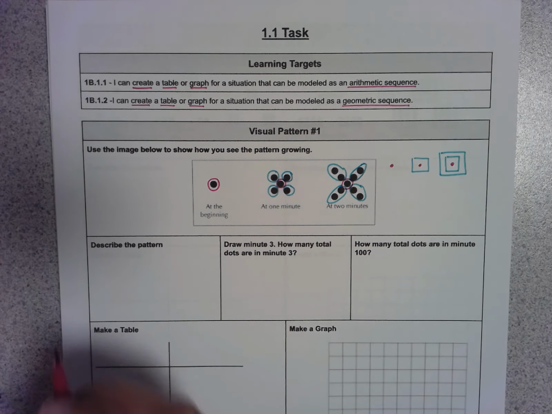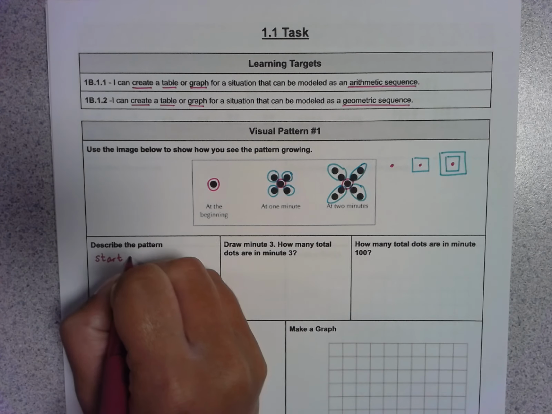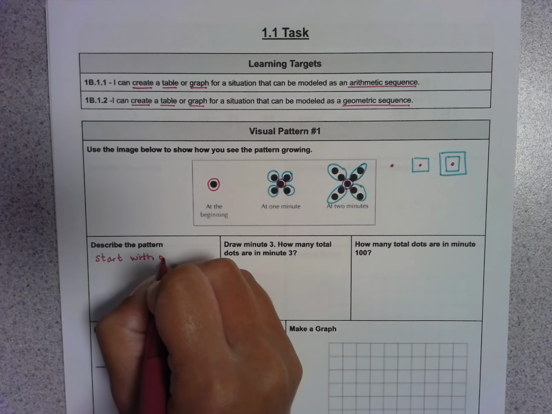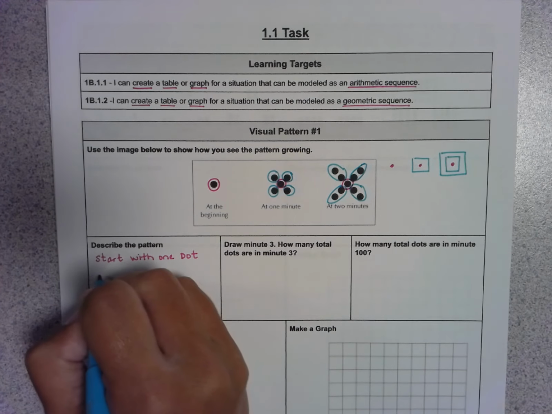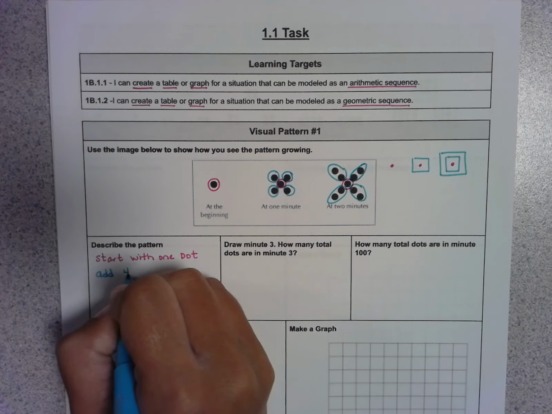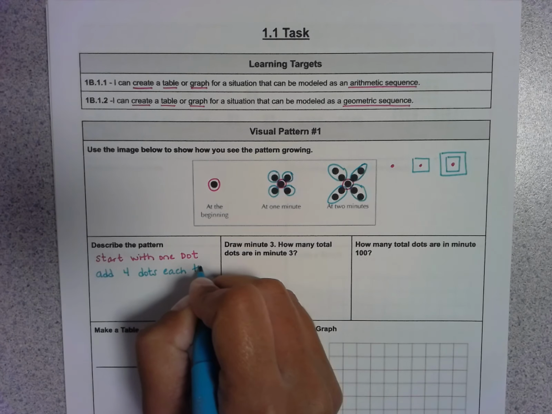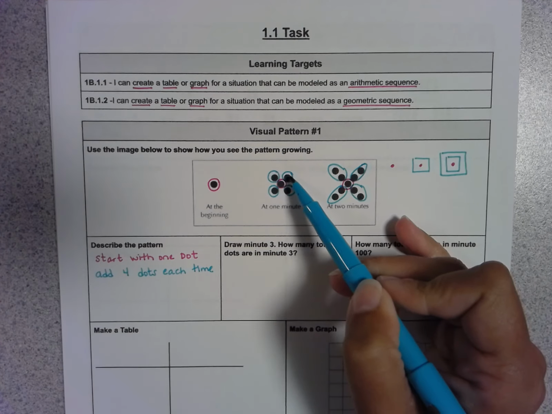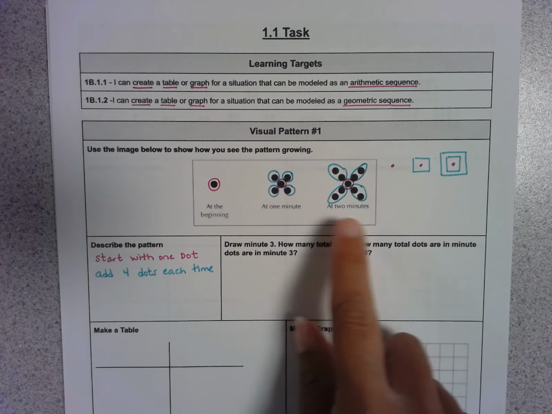So we could say here for describe the pattern, you start with one dot, and that would be the one in the center, and then you add four dots each time, which could be you added these four and then you added arms that have four because you added another layer to each of those arms, but you're basically adding four each time. Now, in the words here, we're going to see this is being described as at the beginning, and then at 1 minute and at 2 minutes.